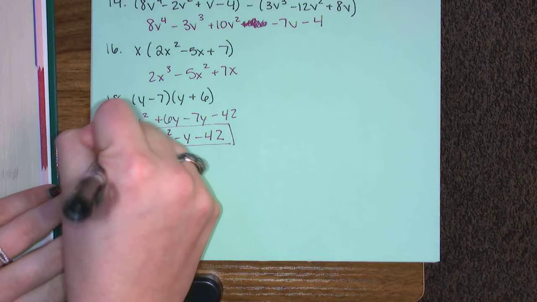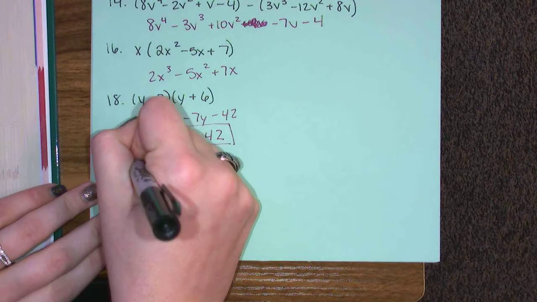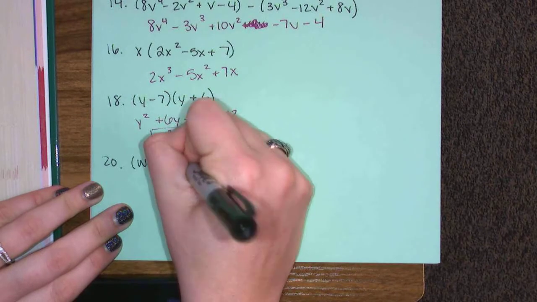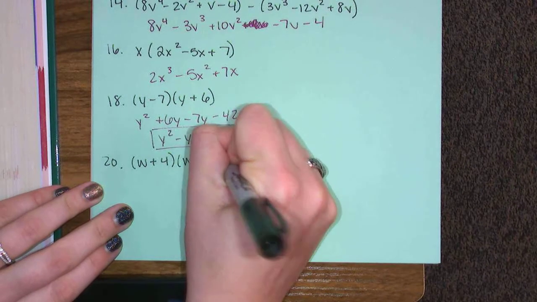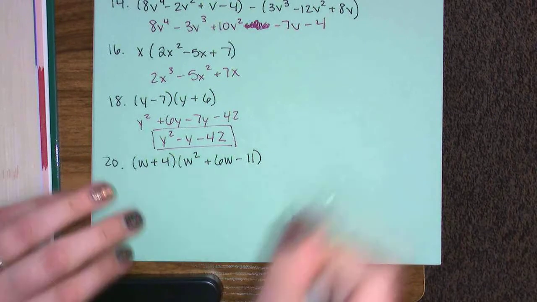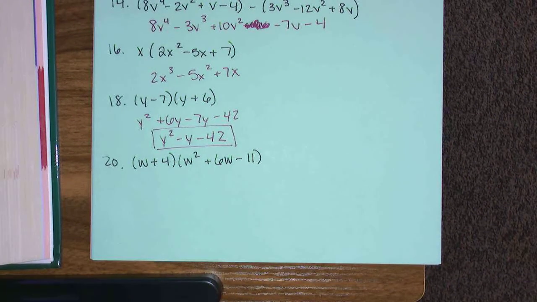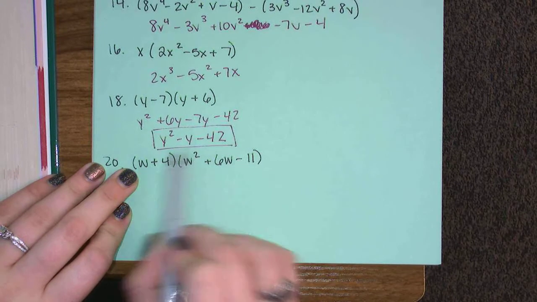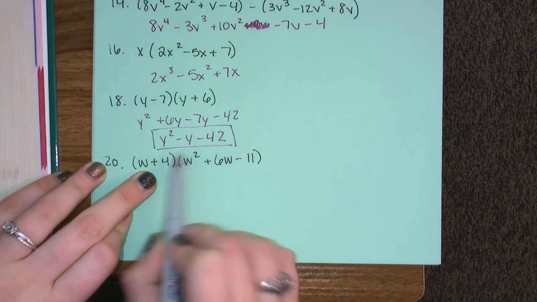20. w plus 4, w squared plus 6w minus 11. Okay, basically we're super foiling here. Essentially you just FOIL until there's nothing left. So I always go first piece times each of them, and then I go second piece times each of them.